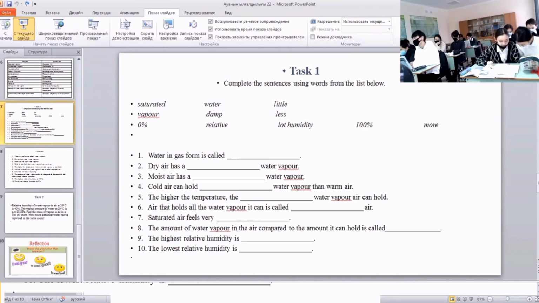Dry air has a little water vapor. When we translate, dry air contains a little water vapor. Moist air has a lot of water vapor.